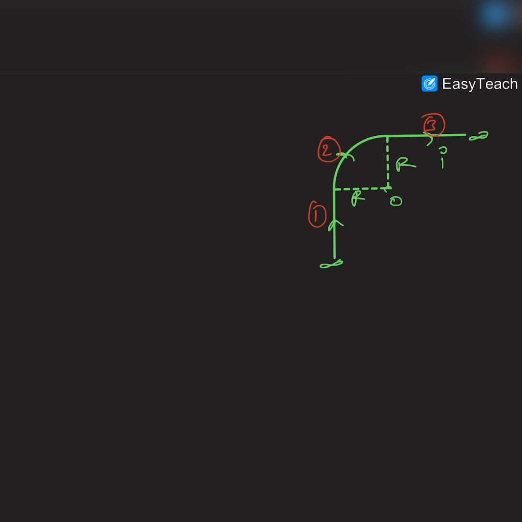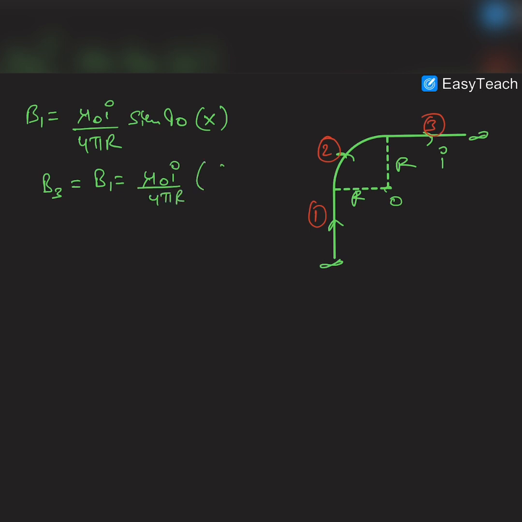So B1 will be equal to mu naught I by 4 pi r, as one angle is 0 and one angle is 90, so it would be sine 90, and the direction will be inwards. B3 will be the same, equal to B1, so it would be mu naught I by 4 pi r.